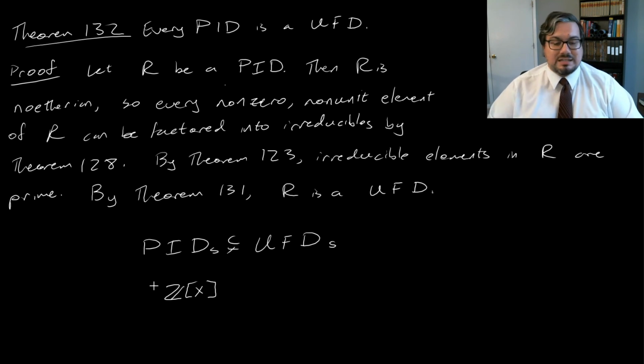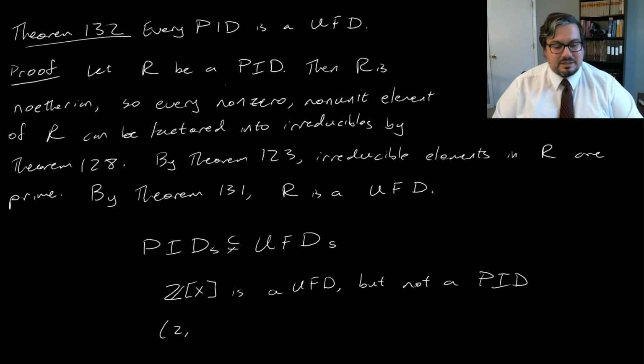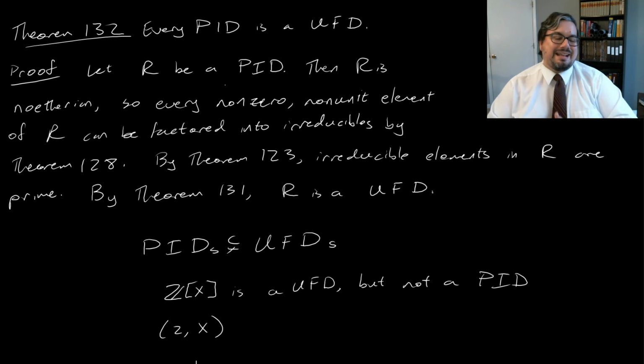There are, of course, lots of examples, but this is the easiest one to get. So this is a UFD, but not a PID. For instance, the ideal generated by 2 and x in this polynomial ring is not principally generated. There is no single element which generates this ideal.